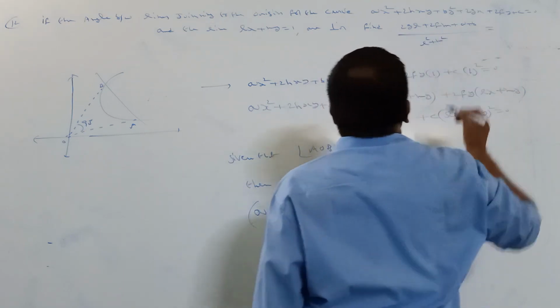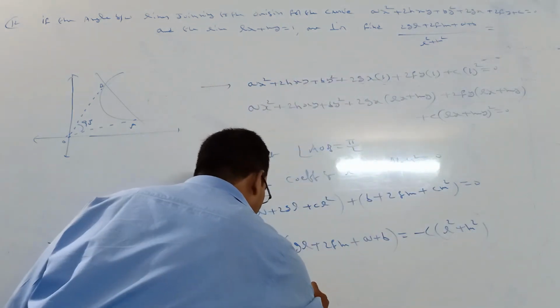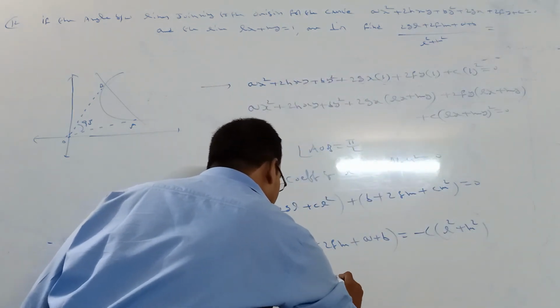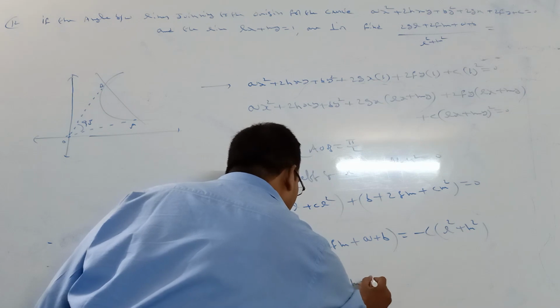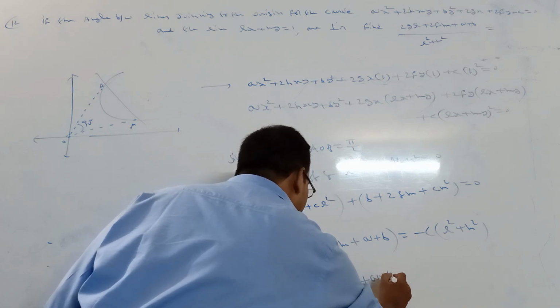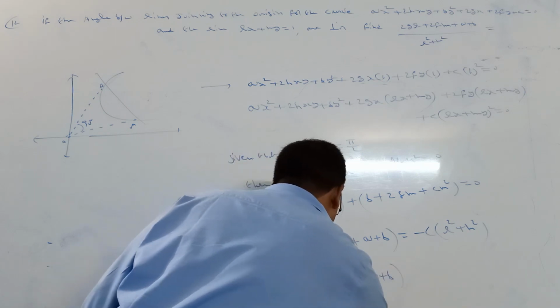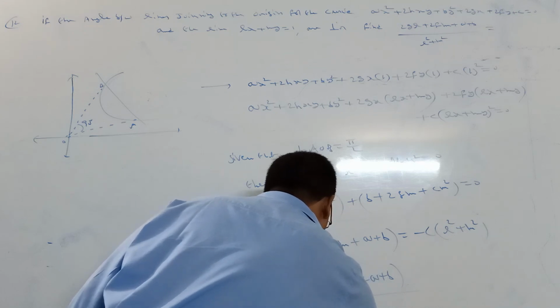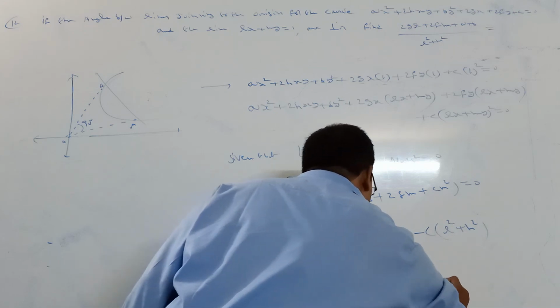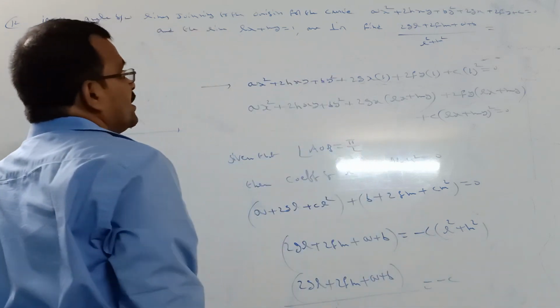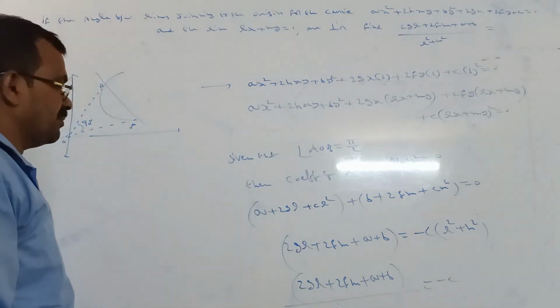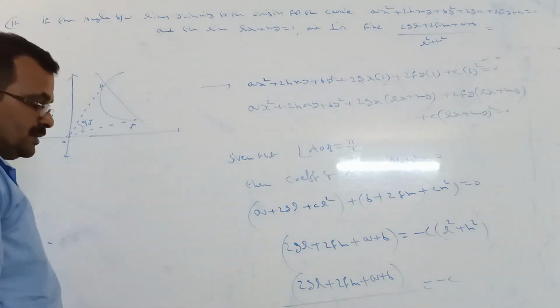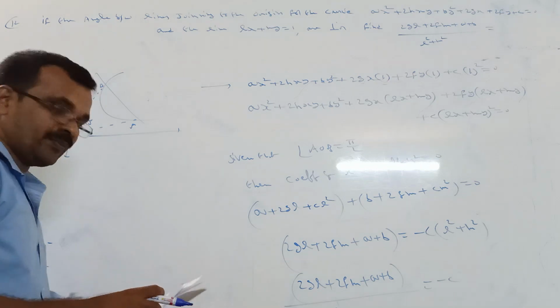They are asking this side. So 2gl plus 2fm plus a plus b by l square plus m square equals minus c. So their answer is minus c.